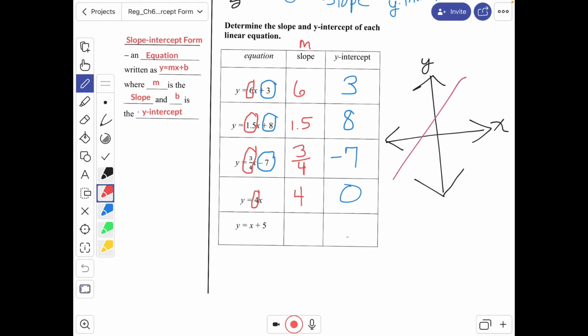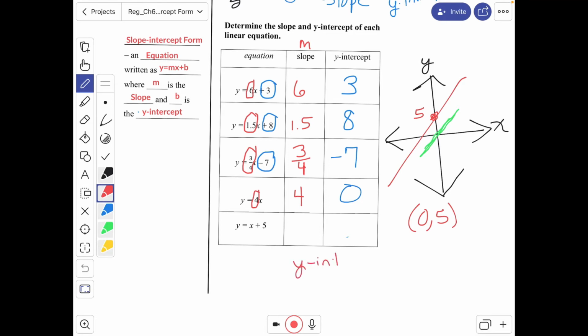So if my line crosses at 5, the y is 5. That means the point is 0, 5. So x is 0 and y is 5. Then if the y-intercept is 0, that means it had to cross right here because x has to be 0.